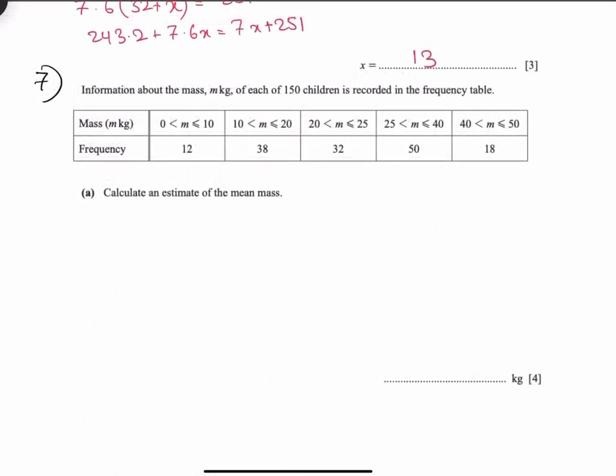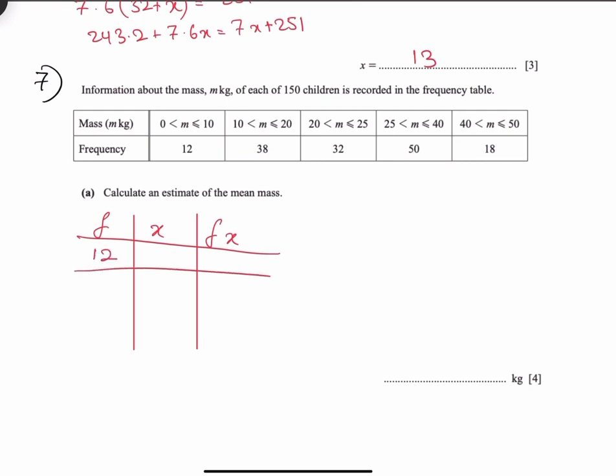Okay, in this next question, we have to calculate an estimate of the mean. And I always say, make up a table with frequency, mid-class interval, and frequency multiplied by mid-class interval. So this is going to be all the frequencies: 12, 38, 32, 50, and 18.